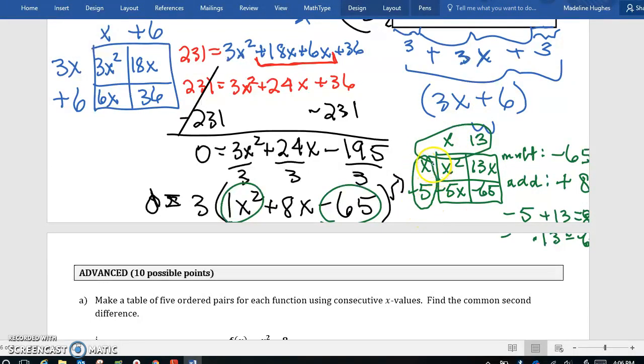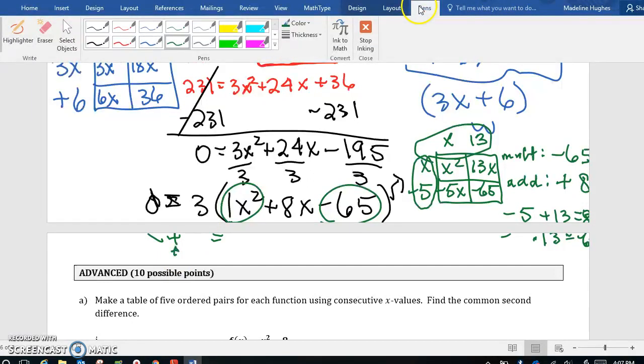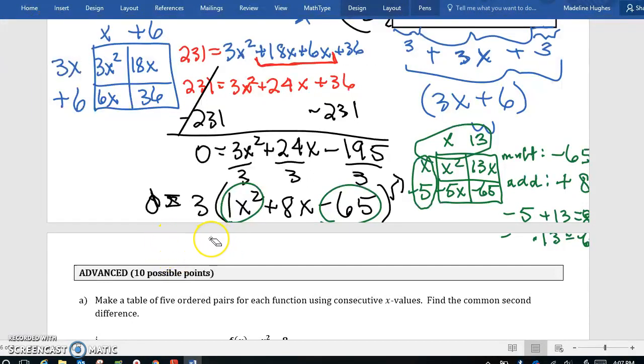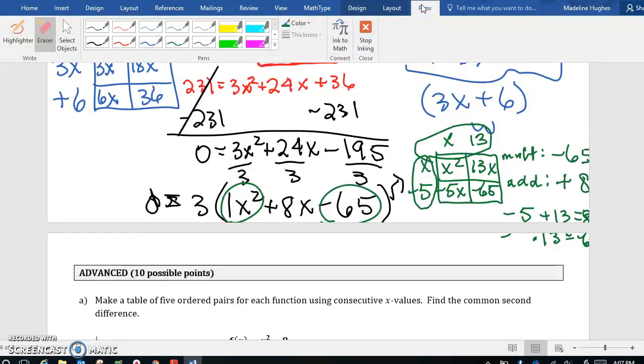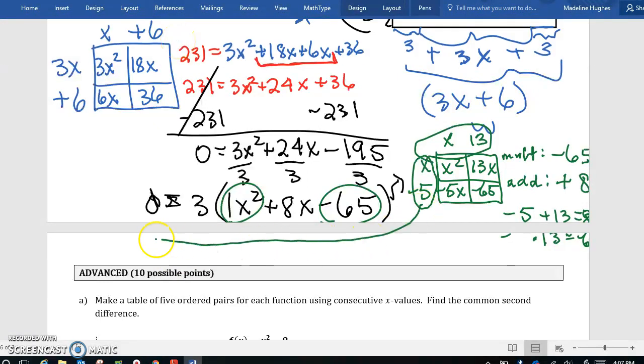Okay, so to solve for x, I'm going to set each of these equal to 0 and solve. I'll do the first one, which is x plus 13 equals 0. Actually, I'm going to do this over here. So x plus 13 equals 0.